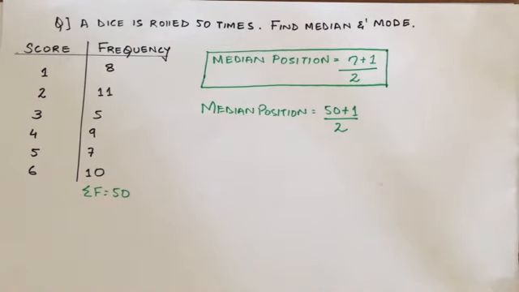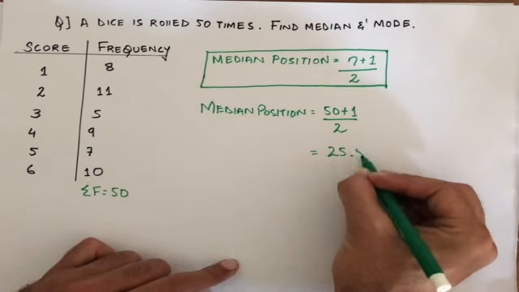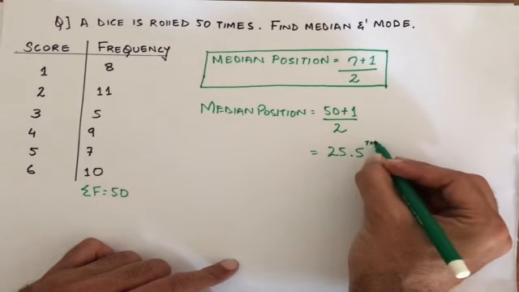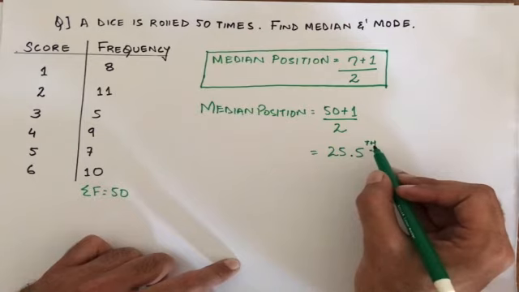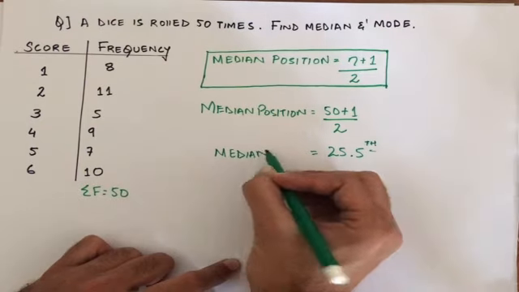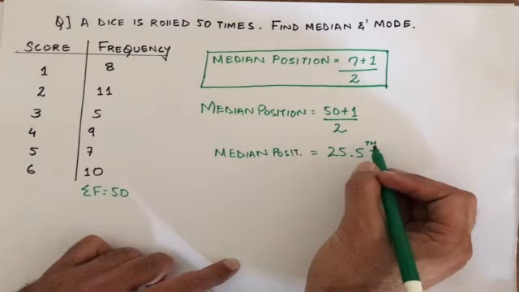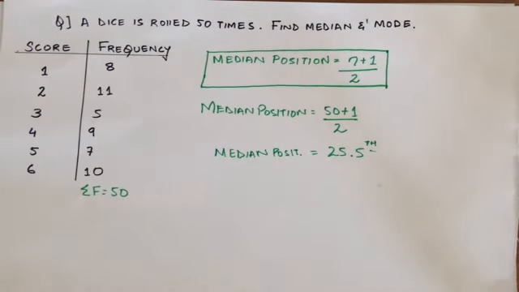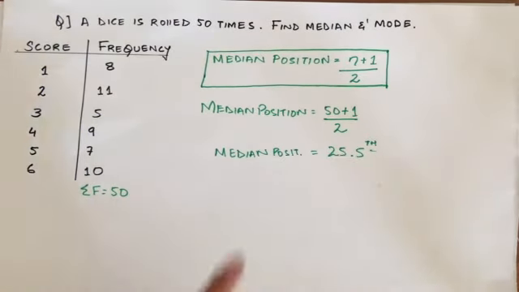That would give you the answer 25.5. Now notice that I have written it down with subscript th over here because this specific thing implies a position, which says this is the 25.5th position. Now when there is even frequency, just like we have here 50, after you put it into the formula, it becomes 50 plus 1 divided by 2.